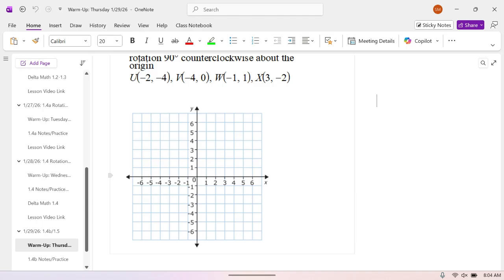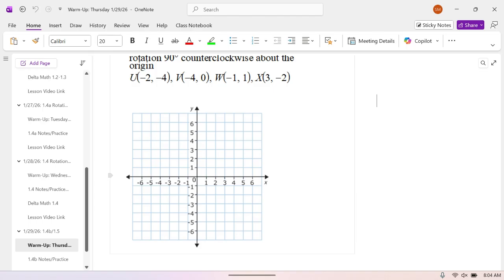When you're doing rotations, you probably should just go ahead and write that just so you know. So, what's my first step? In other words, if I'm rotating 90 degrees counterclockwise, if I'm in quadrant 3, where do I end up? Quadrant 4. All right. So that means my point has to look something like what? Positive, negative. So u prime, we know it to be something positive, something negative.